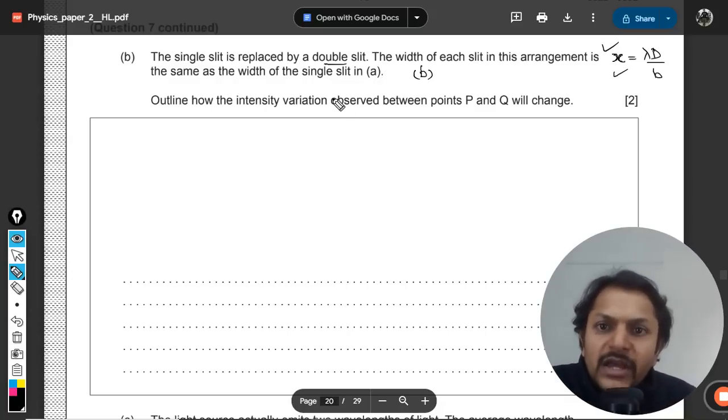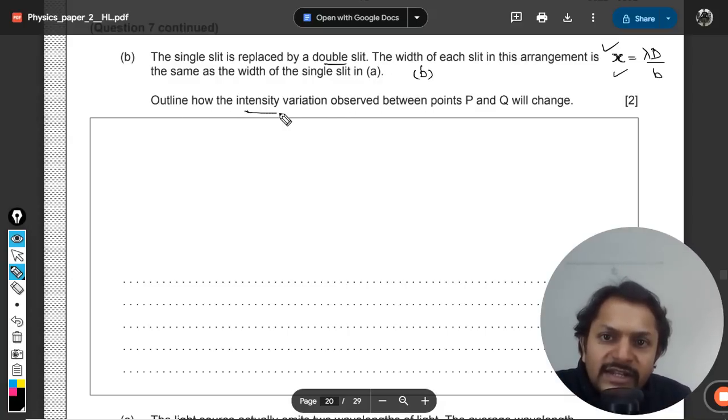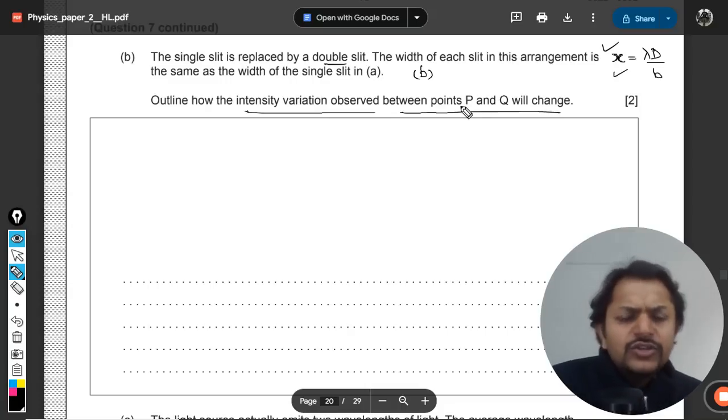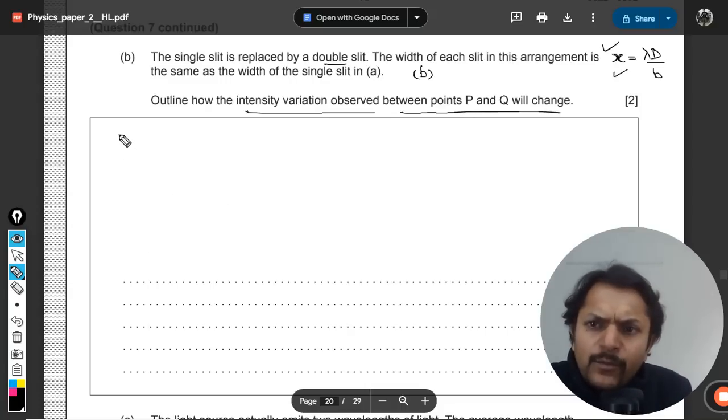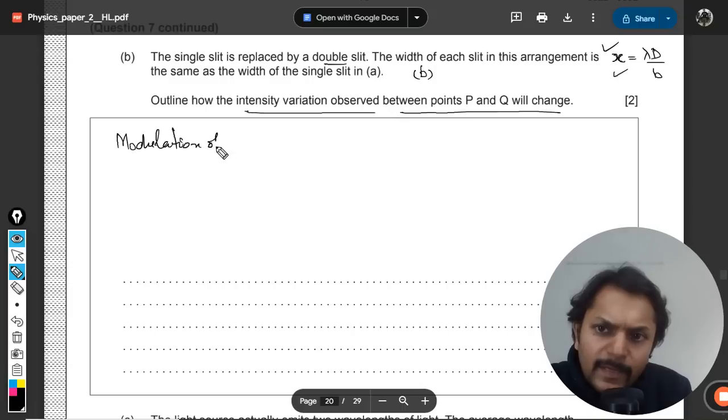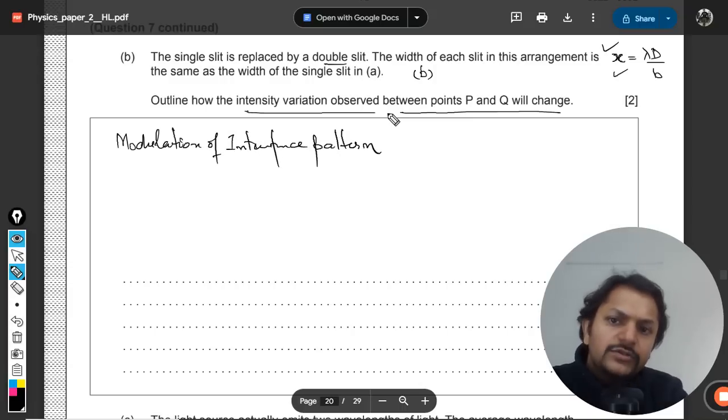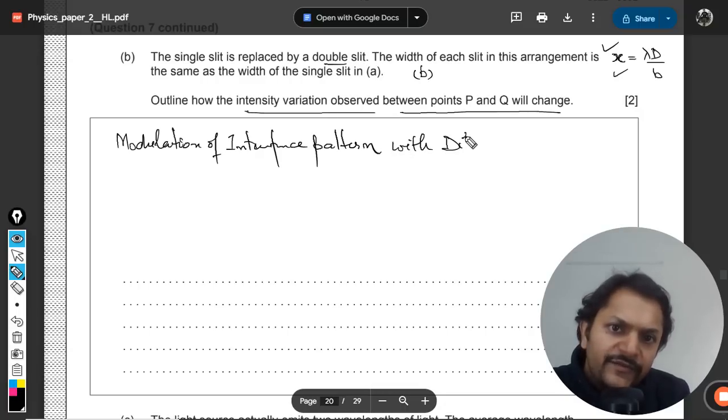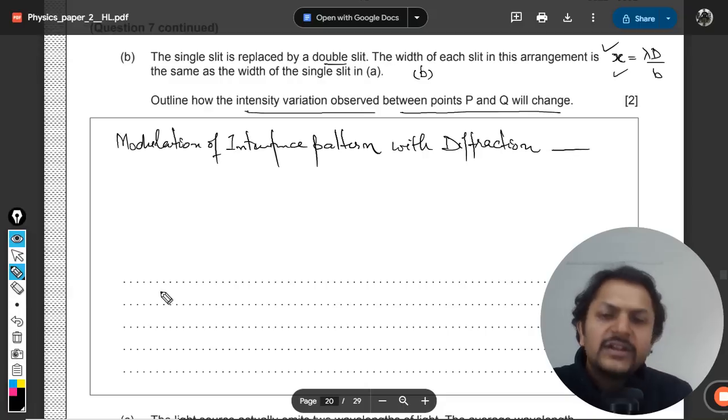So we will see. Outline how the intensity variation observed between the points P and Q will change now. So this is called the modulation of interference pattern with diffraction.